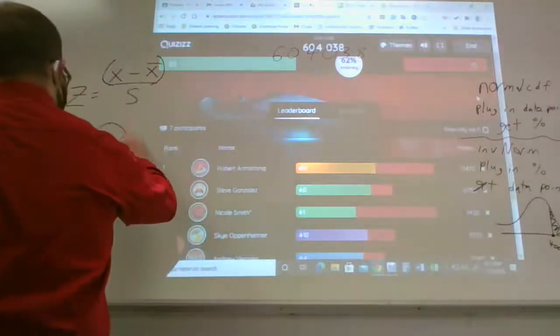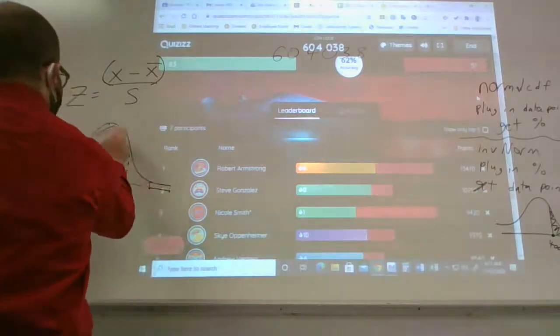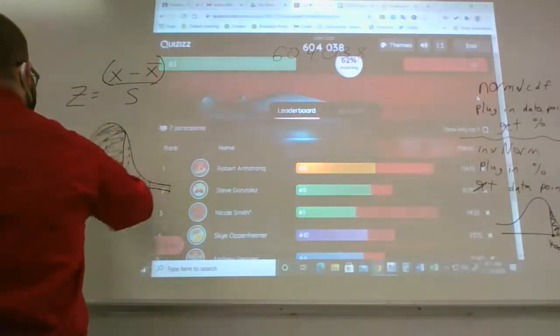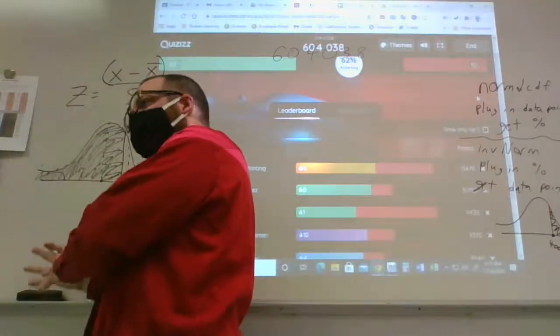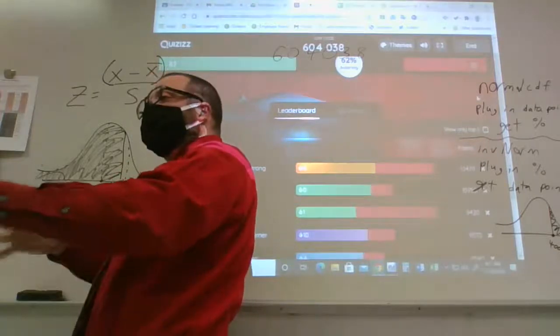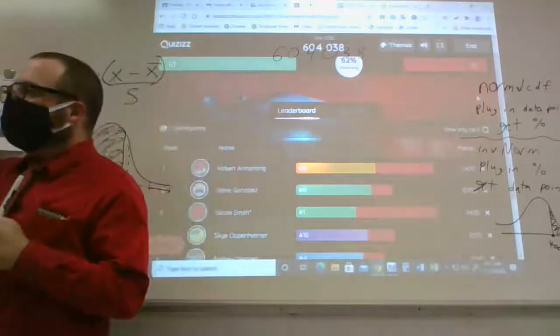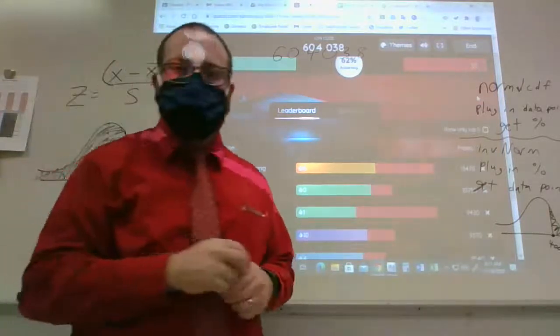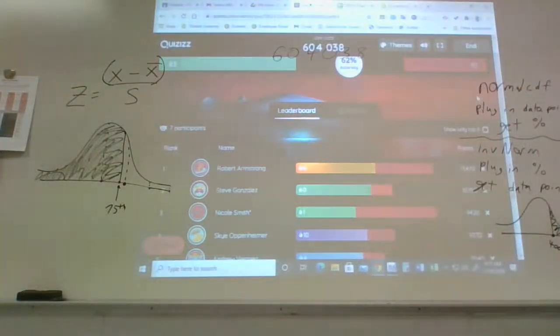I don't know where the 75th percentile would be. Let's just pretend it's right there. If you do left, it's going to fill in all of that area, which would be 75% of the graph. If you are in the 75th percentile, it means that you score better than 75% of the population. Okay. I see where it's going.